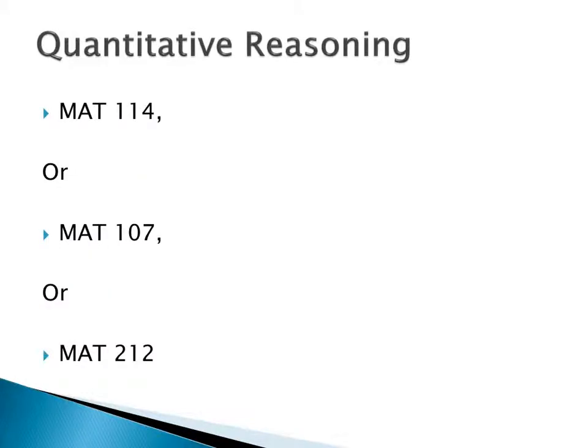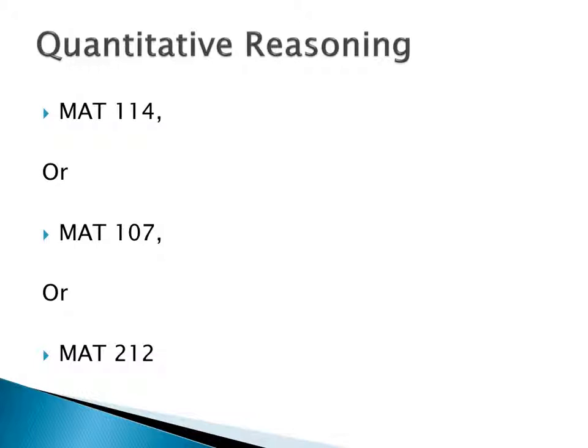As far as quantitative reasoning goes, there are 3 options to complete the Gen Ed program. The 3 options are Math 114, which is mathematical reasoning, Math 107, which is college algebra, or Math 212, which is statistics. And I will just mention that these are geared for different populations.